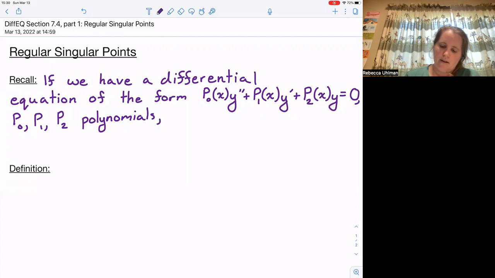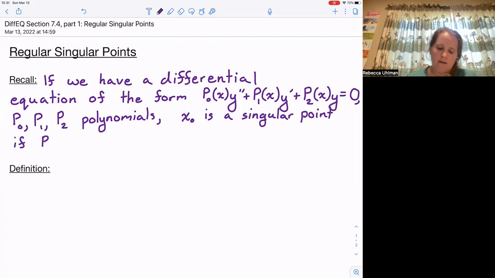then x0 is a singular point if P0 of x0 equals 0. Here we're assuming that we have divided out all mutual factors across P0, P1, and P2.